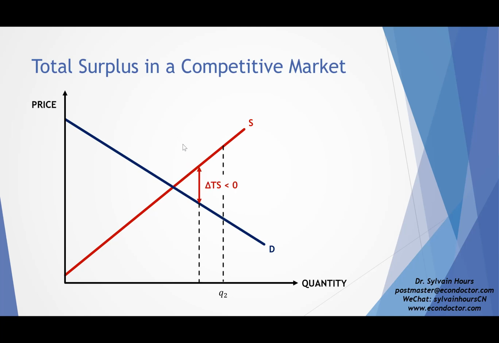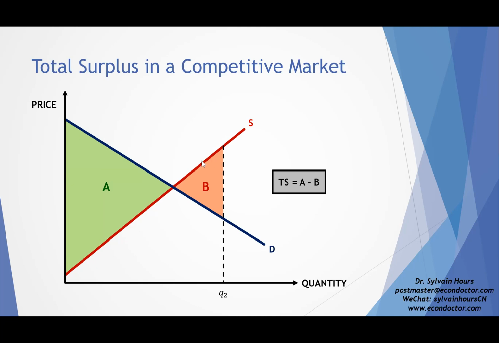What if we continue? If we continue, you see that now the minimum willingness to accept is greater than the maximum willingness to pay. Yes, we'll talk about that in terms of marginal cost and benefit. So essentially, this means that total surplus starts to decrease, okay? And eventually, the total surplus is equal to this big green triangle minus this red or orange triangle, because this area actually represents a loss or a negative surplus.